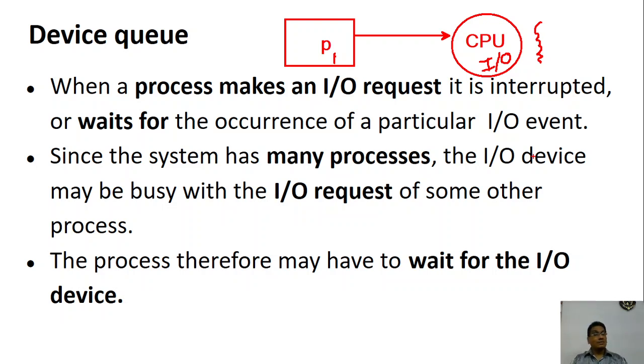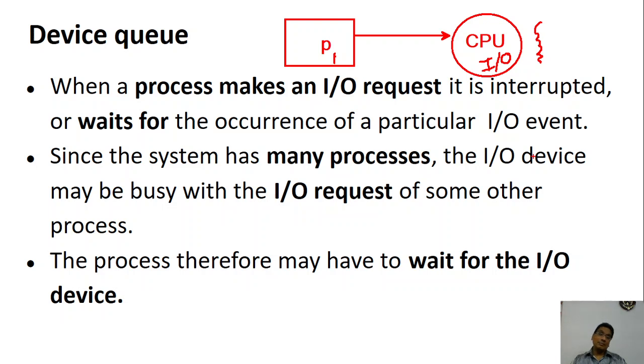Why? Because all the input output devices are extremely slow as compared to the speed of the CPU. The CPU works terribly fast, whereas any input output device cannot compete with its speed.